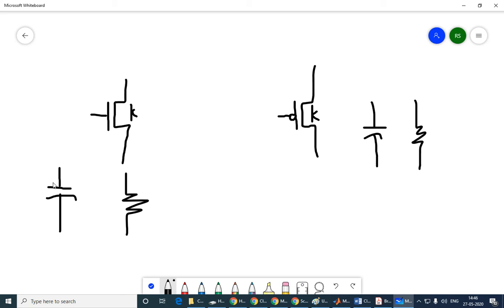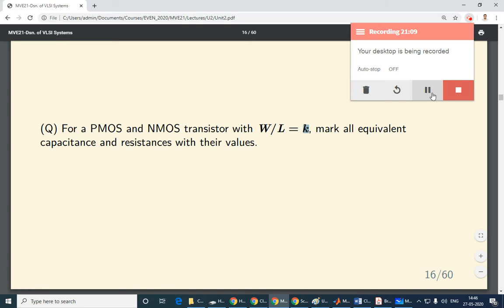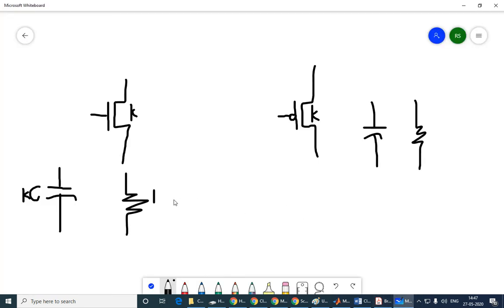So first for the NMOS transistor, the capacitance associated with each terminal, gate, source or drain, is K times C. And the resistance of this transistor is given by R divided by the value of the W by L, which in this case is K.